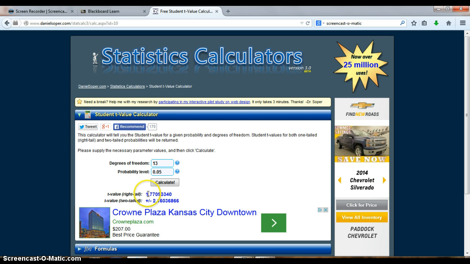It's going to be left-tailed because the less than test is always the left tail of the t-distribution. So our critical t-value here is negative 1.771 if I'm rounding.